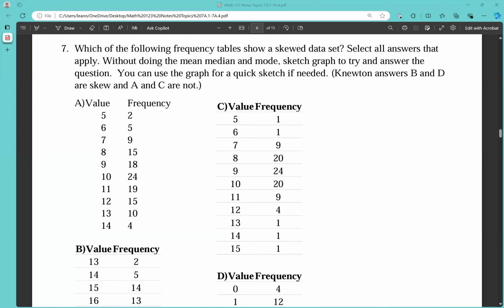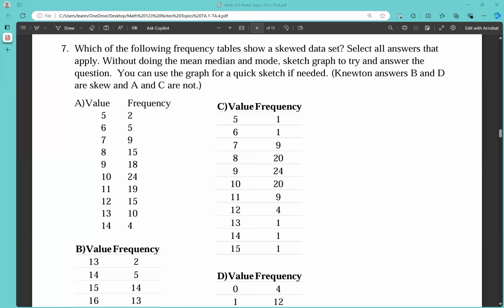This is way more than 5 apart from each other. So this one would be yes, it is skewed. And this time it would actually be skewed right. We have more to the right than we do to the left. Because remember, this is the least number on the number line, and this is the greatest one in that group. So you could graph one of these as well, like I did on part A, if you just wanted to see how that works out.